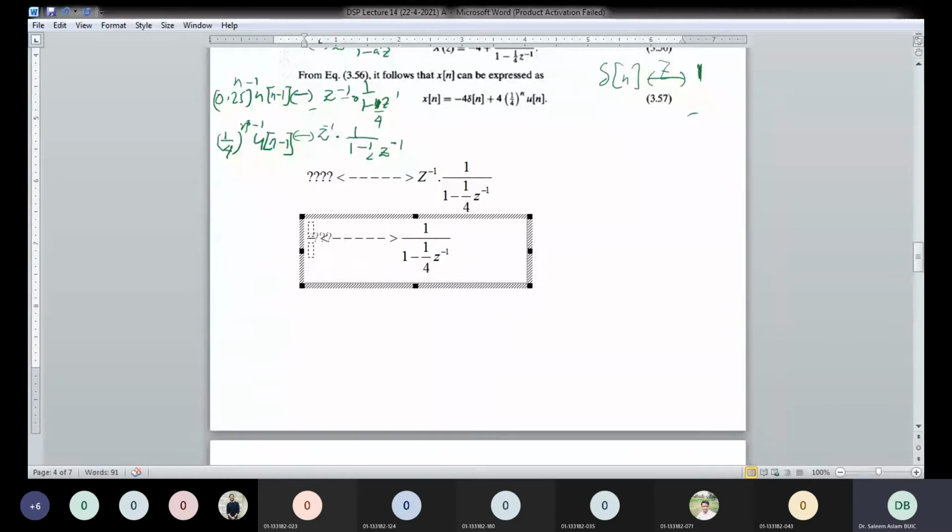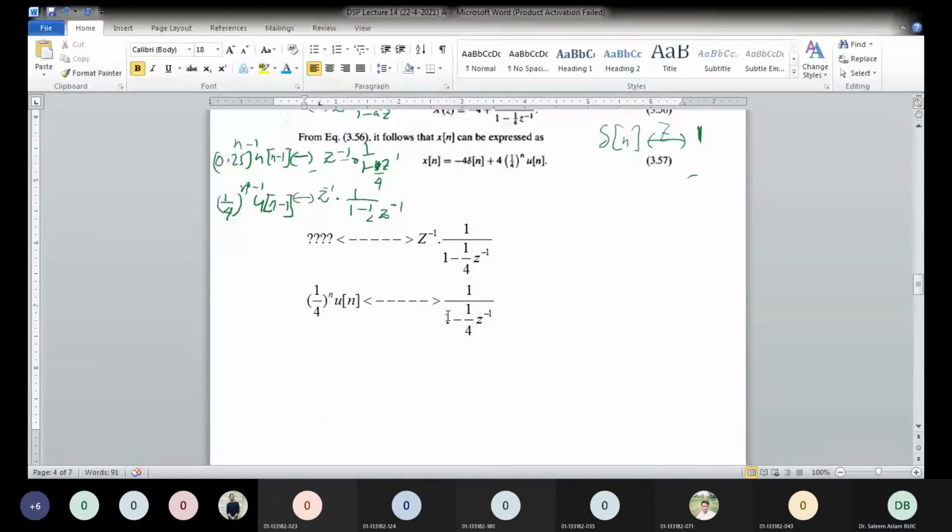It is 1 by 4 to the power n and u of n. Do all agree? The inverse z transform we get is 1 by 4 to the power n u of n.